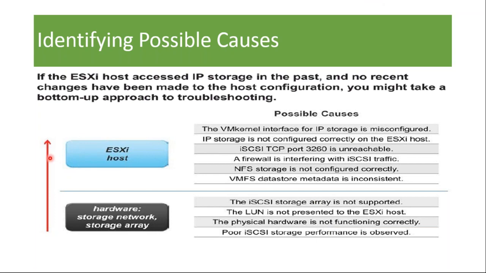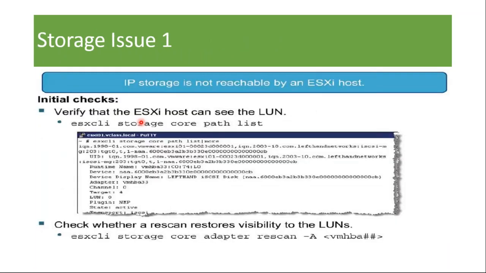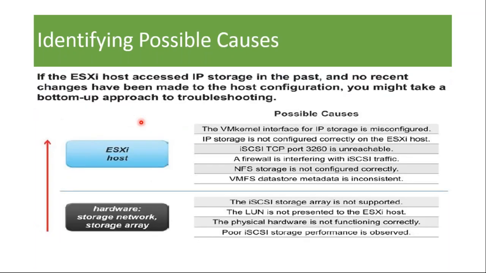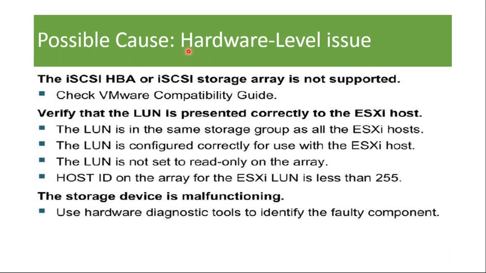Okay, as we approach troubleshooting of this particular issue, IP storage not reachable, we are using the bottom-up approach. As part of the bottom-up approach to troubleshooting your storage disconnect, first you have to validate hardware level issues.